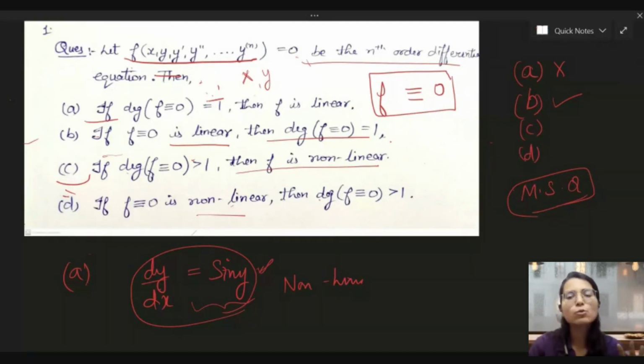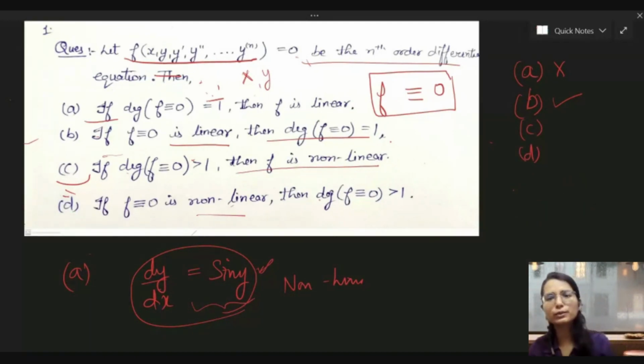Even if you miss out one of the options, or you pick one extra option, you won't be given any marks, not even 0.1 mark. So you need to read each and every option very thoroughly and understand what they are trying to say. That's why I spent an extra 5 minutes explaining what these options are saying. I hope options A and B are clear to you.